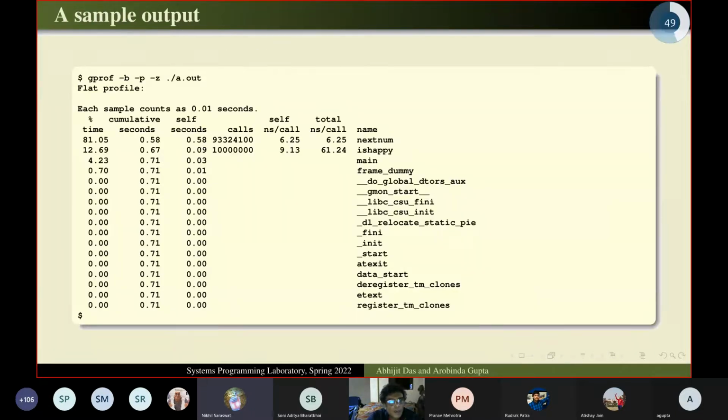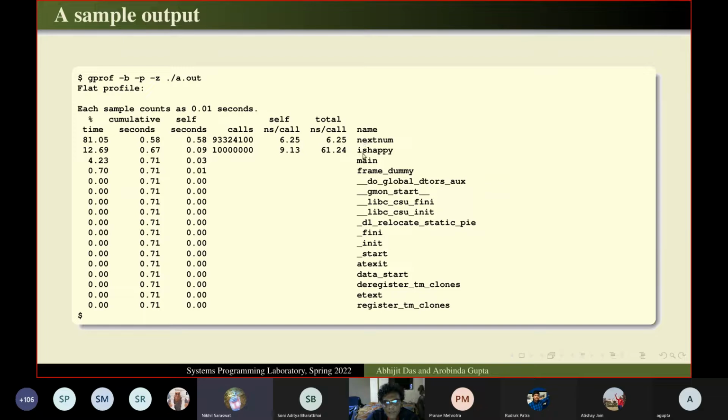So let's see the profiler options. -b says print the flat profile only. -z means all functions, including those that take 0% time. And we will soon see such functions.